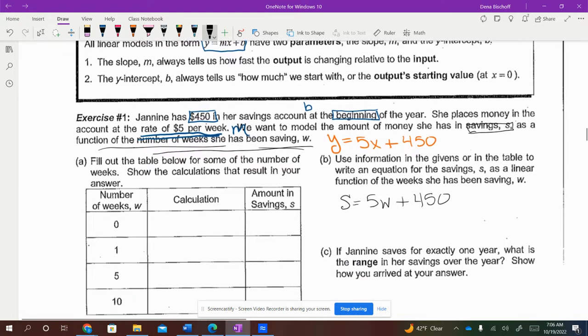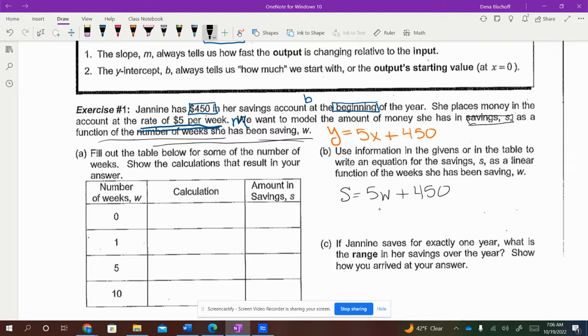So the first thing that we want to do is fill out a table. So I'm just plugging in, I'm using this 5W plus 450. So if W is 0, 5 times 0 plus 450 is just that, 450.